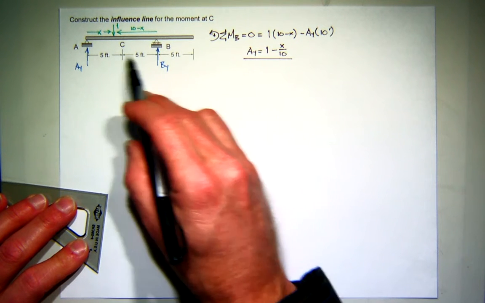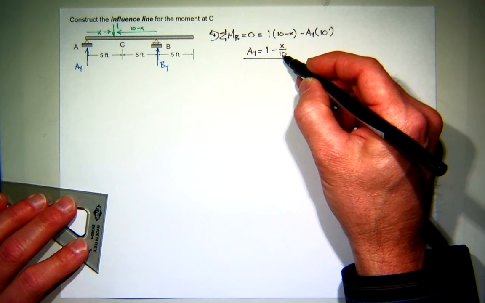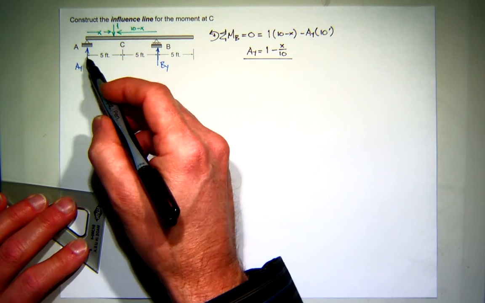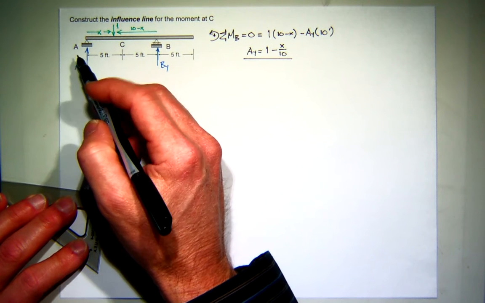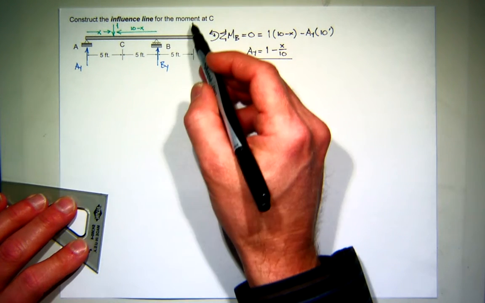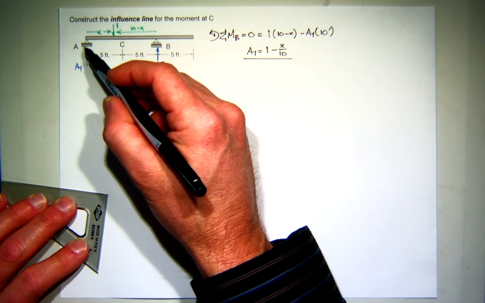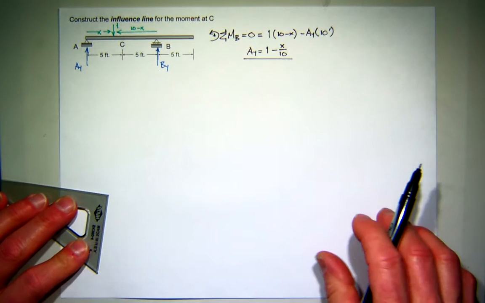Let's say go all the way to 15, so I got 15 divided by 10 is 1.5, and 1 minus 1.5 is negative 0.5. So now A has turned over and is holding point A down, which makes sense. It's kind of like a seesaw now. So you put the big kid here on the right hand side, the left side is going to go up in the air. So you got to balance it. So that seems to work.